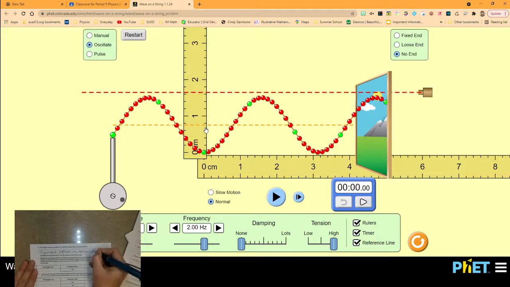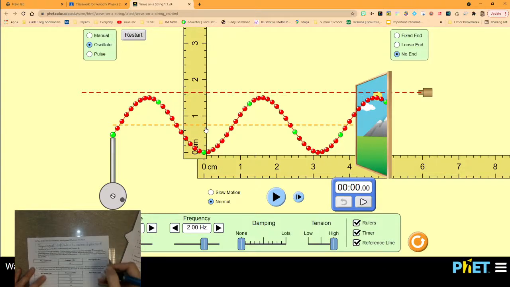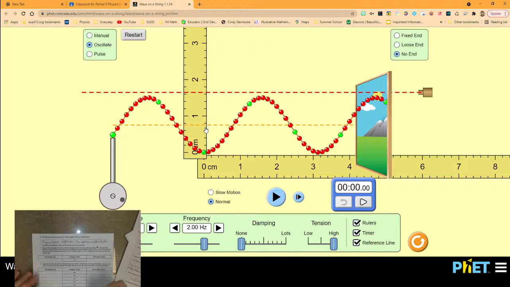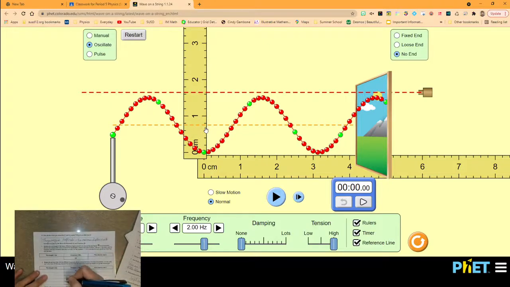In other words, the distance from the equilibrium to the crest is the same as the distance from the equilibrium to the trough. Either of those represents the amplitude, the maximum displacement.